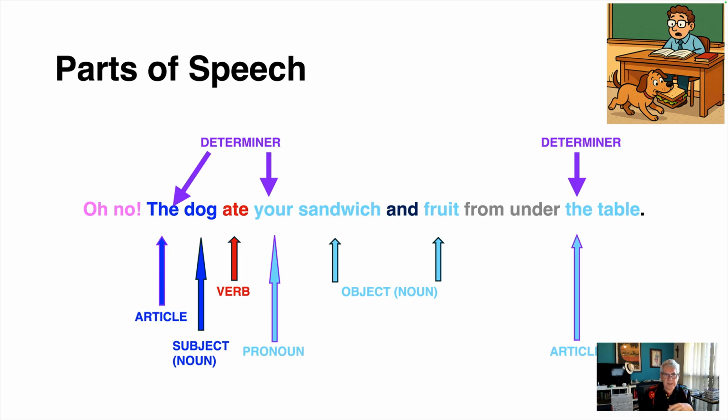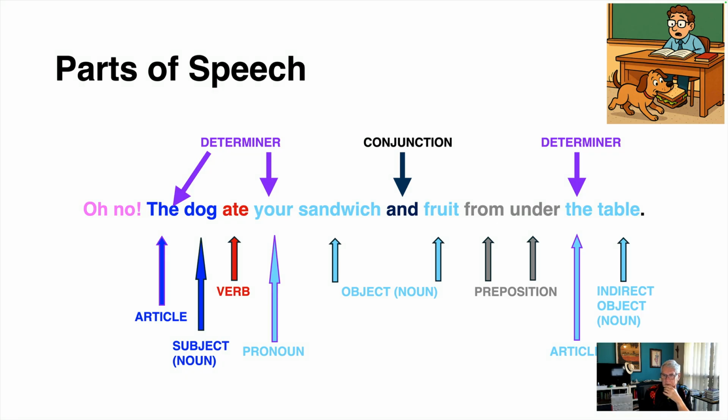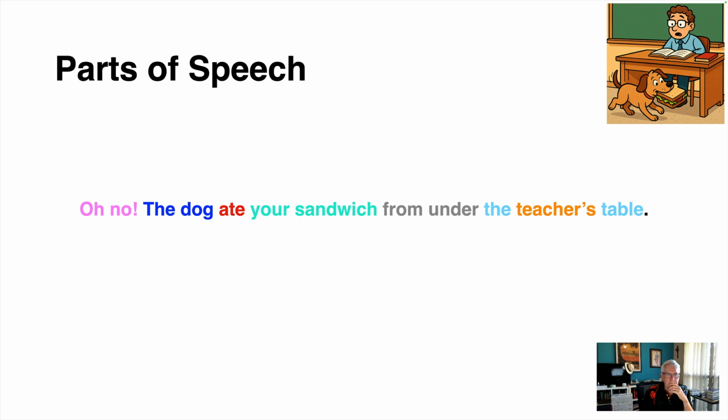We had various determiners, articles, personal pronouns and so on, which tell us something more specific about the noun. We had a conjunction, some prepositions, an indirect object in the case of the table, and of course we had the interjection. So that gave us the basic parts of speech that we were dealing with.